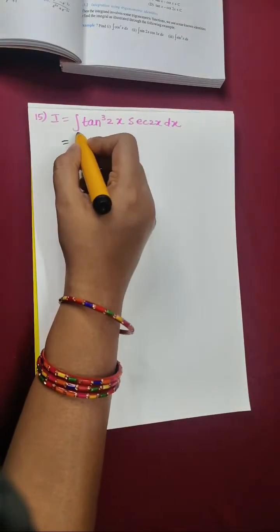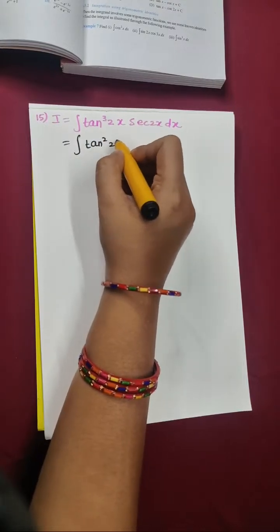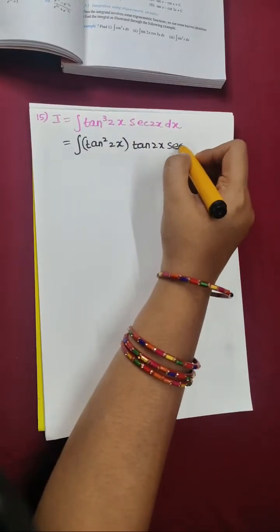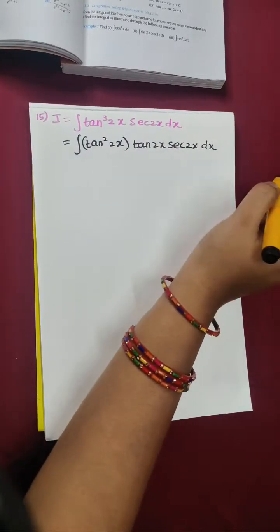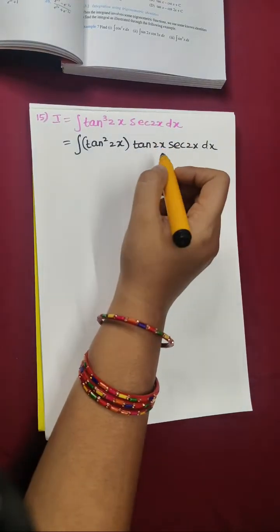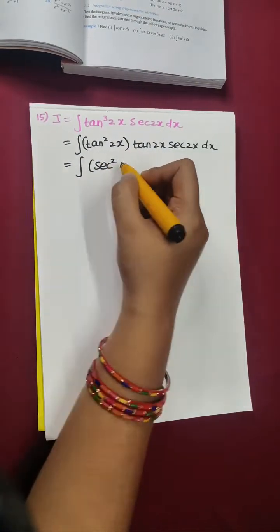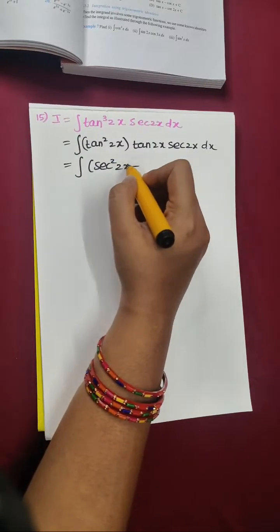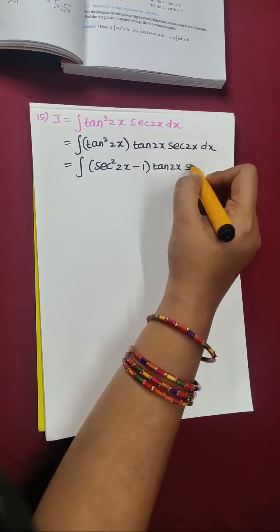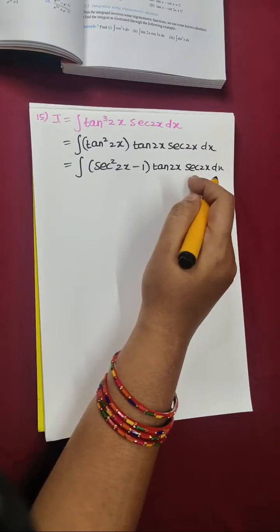So I'm just rearranging this tan cube as tan square 2x into tan 2x secant 2x dx. That is for our easier convenience. So now replace this tan square 2x using the trigonometric identity, secant square 2x minus 1, into tan 2x secant 2x dx, because here we have tan and secant in product.